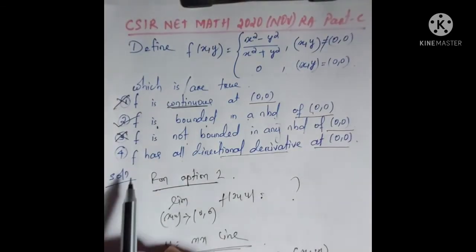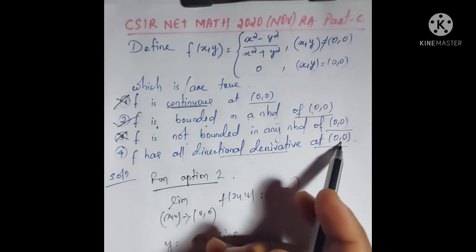Now for option 4, does f have all directional derivatives at origin or not?